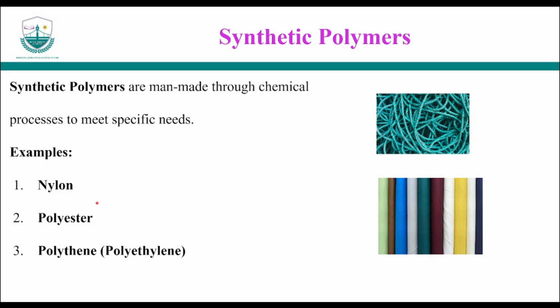Synthetic polymers include nylon, polyester, and polyethylene, the polythene bags that you actually have. Polyester can be used for clothing, and nylon also for clothing, and sometimes ropes.